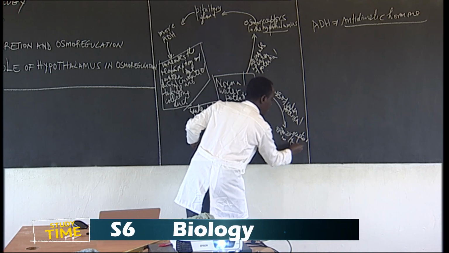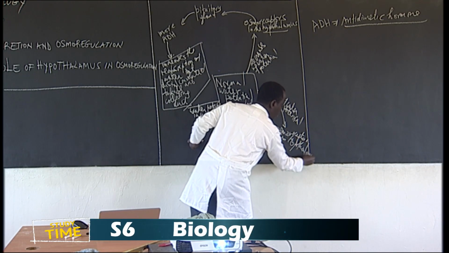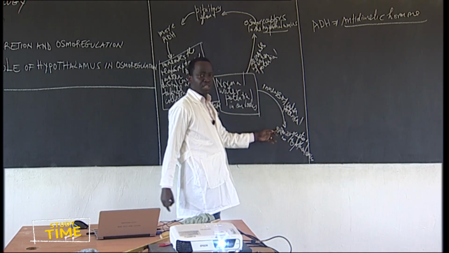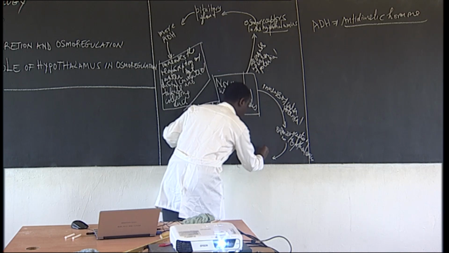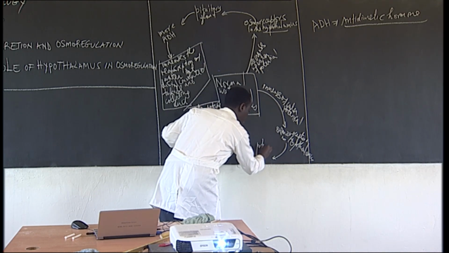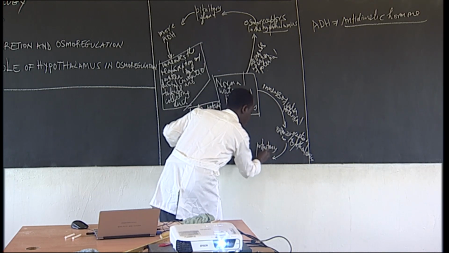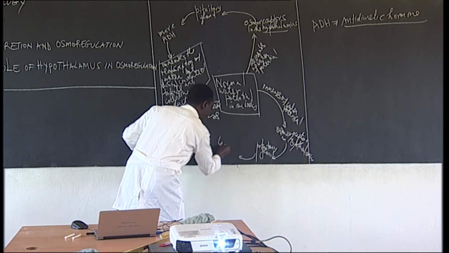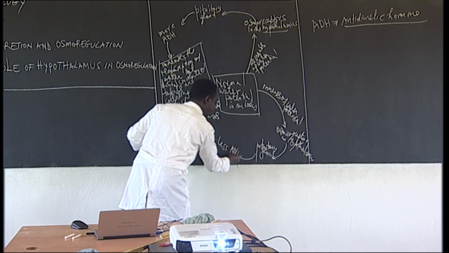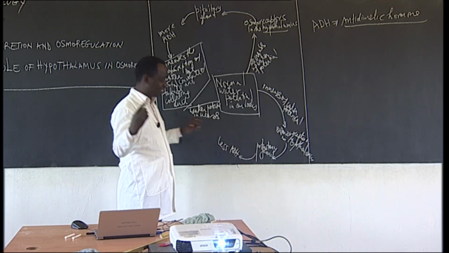The same. These osmoreceptors will know that there is a high amount of water into the blood. And then this tell what you call pituitary gland to secrete less what? Less ADH.